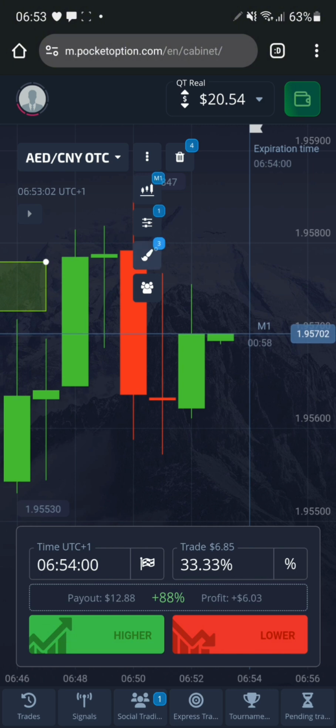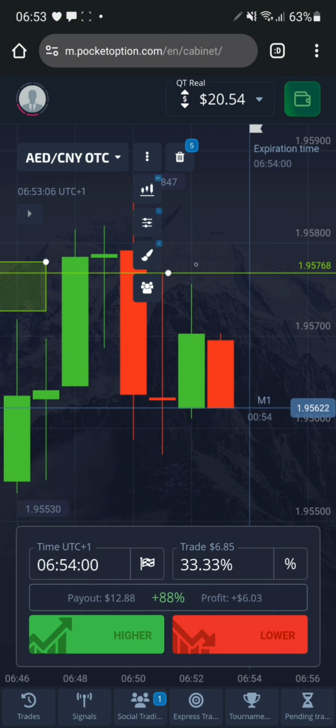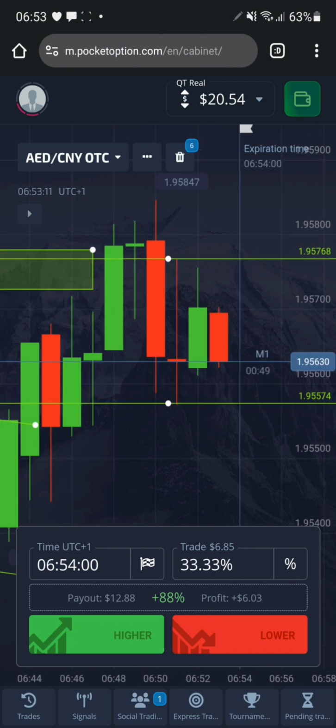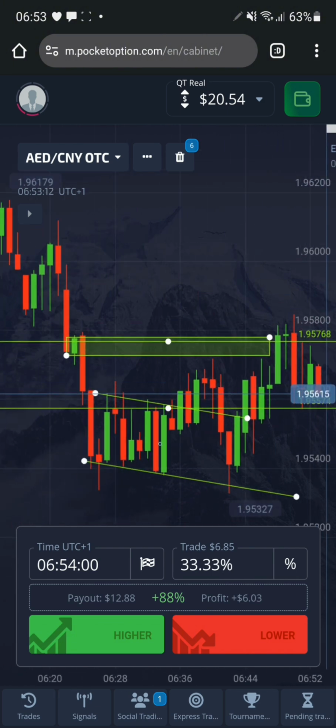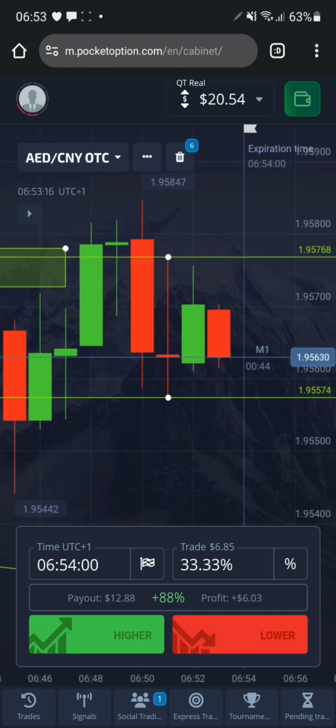Usually dojis tend to make this ranging market, and also the market has been ranging anyways. We've been having this red green pattern, so this might validate this doji range now. So let me see if that doji range can be validated.